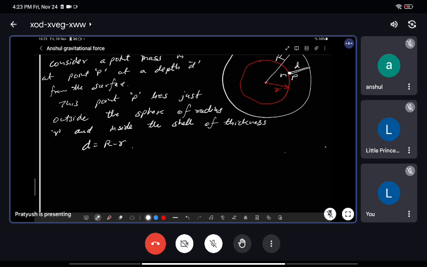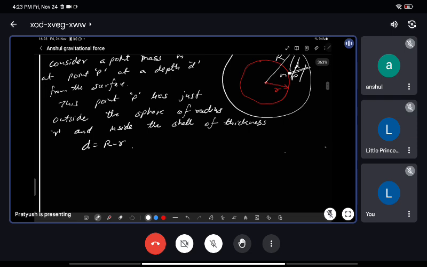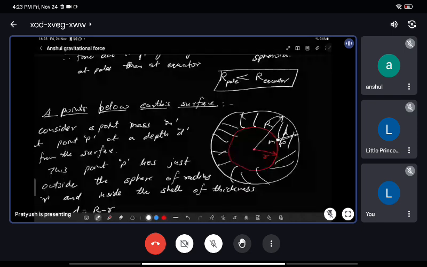Now, the force due to this outside shell will be cancelled out. Why? Because whatever mass is present on this side, the same mass is present on this side also. So it is all captured inside a uniform shell.